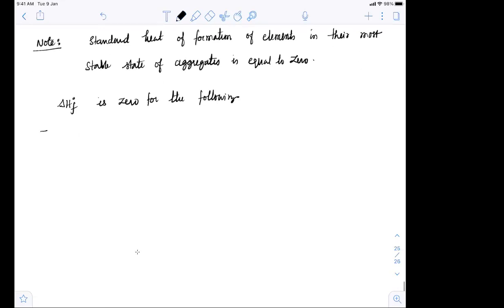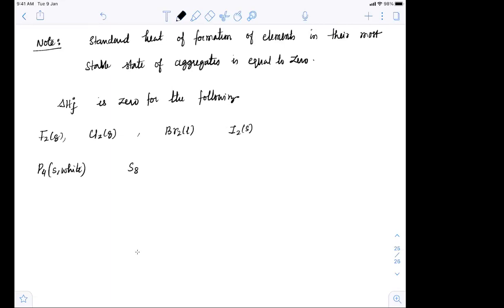Let me show you. Fluorine in gaseous state, chlorine in gaseous state, bromine whose stable state is liquid, iodine whose stable state is solid. Phosphorus P4 in solid state, and white phosphorus, because there are many colored phosphorus, black, scarlet, but only white phosphorus is taken as the standard form.